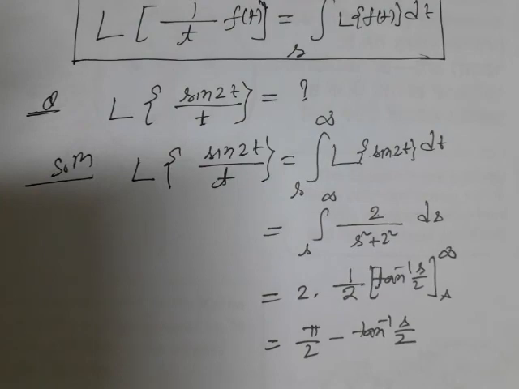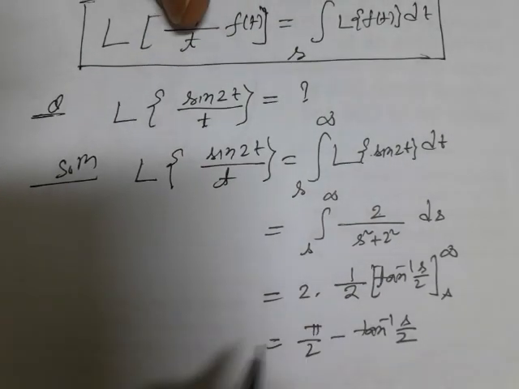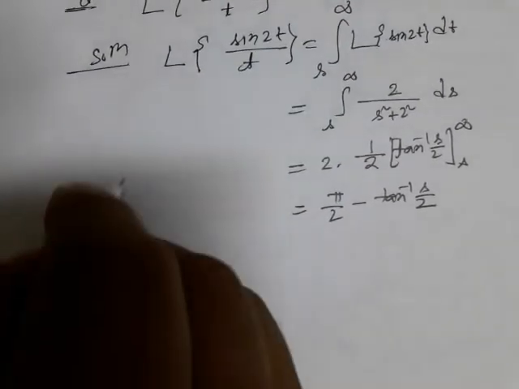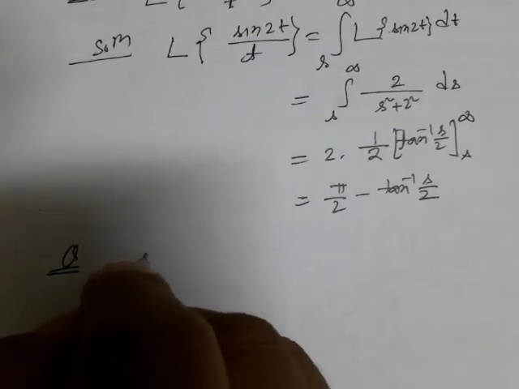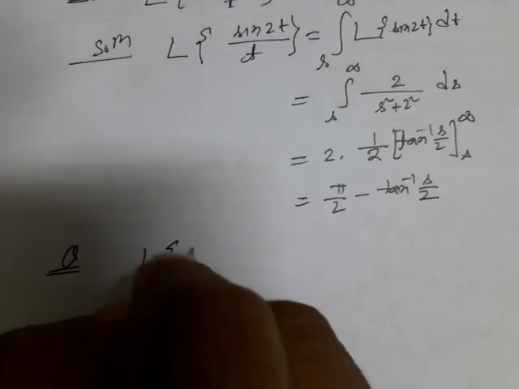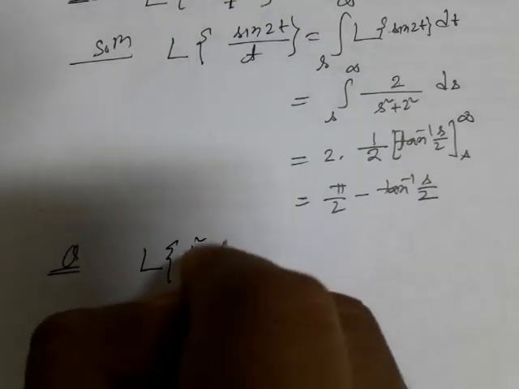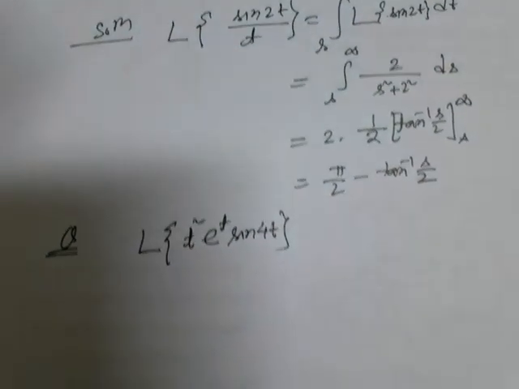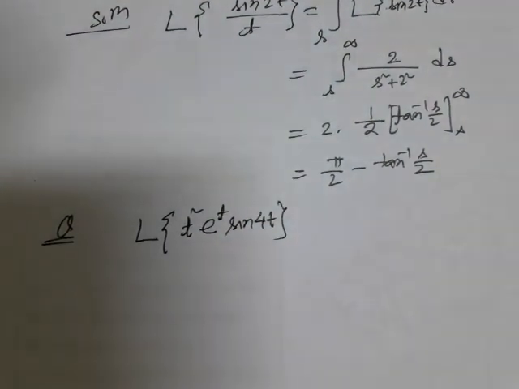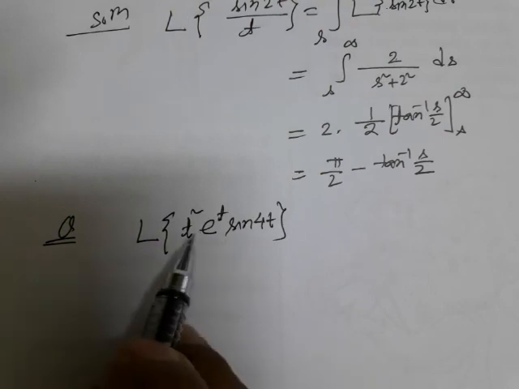Okay, so now let us do one more problem. Okay, so question: find out L of, that is Laplace transformation, t square e to the power t sine 4t. Okay, so here you can see this function is multiplied by e to the power t and t square.